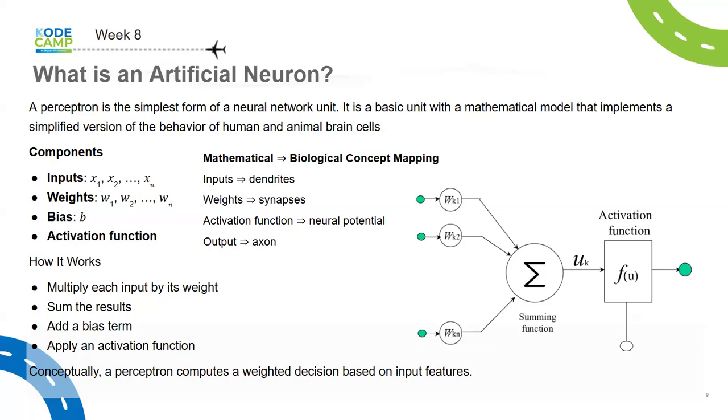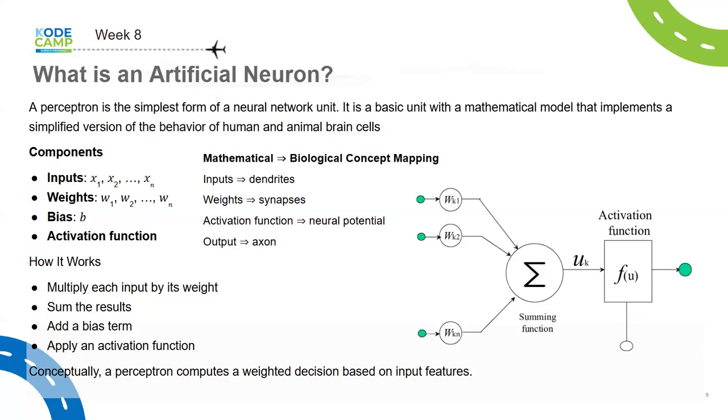In the old days, the simplest form was what we call a perceptron. A perceptron is a single neuron, right? Of course, now there's a difference between what we call a perceptron and what we call a neuron. A perceptron was a mathematical model that implemented a very simplified version of the behavior of the human brain cell or animal brain cell.